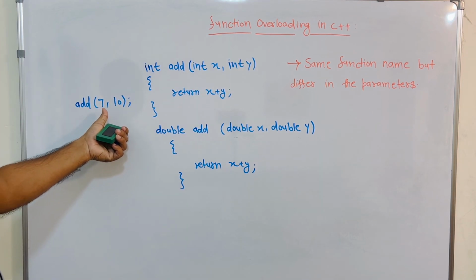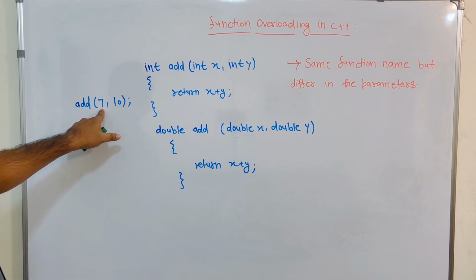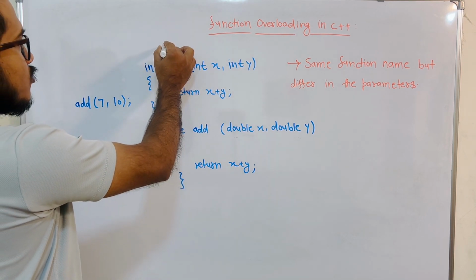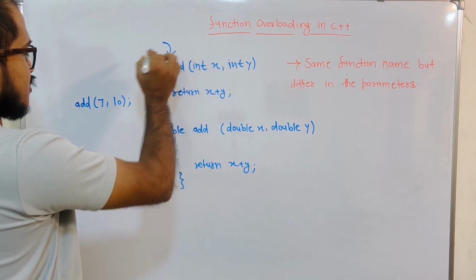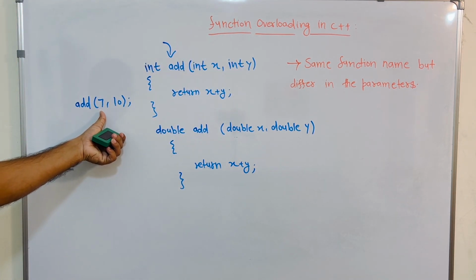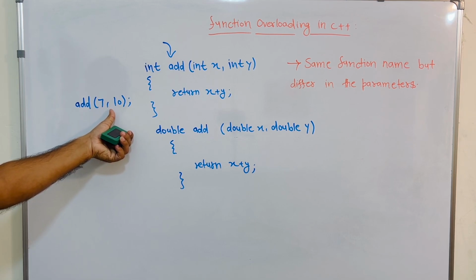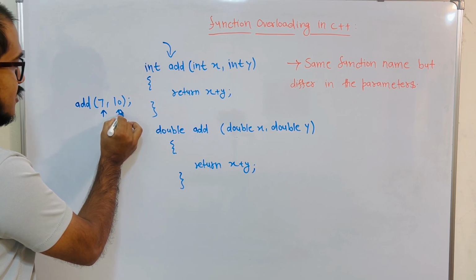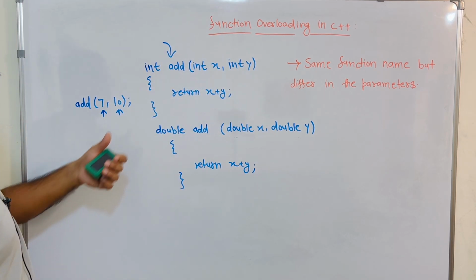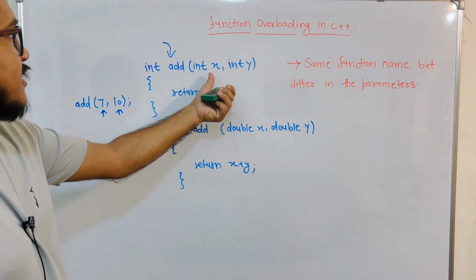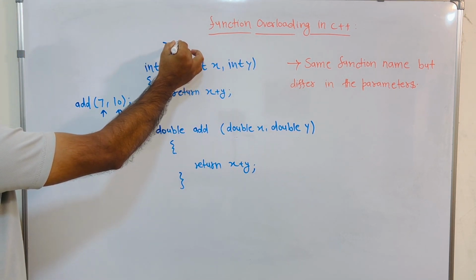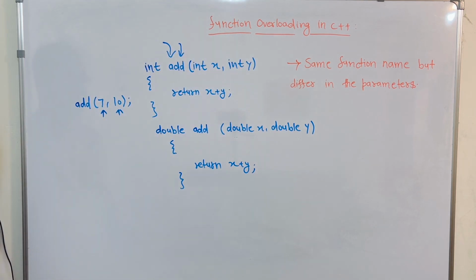Because these two numbers are of type integer, the compiler will automatically call this particular function, because at compile time itself the compiler is able to decide that these numbers are integers and I have one function which accepts integer arguments and returns the sum.